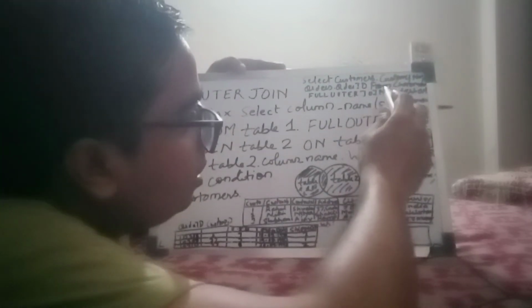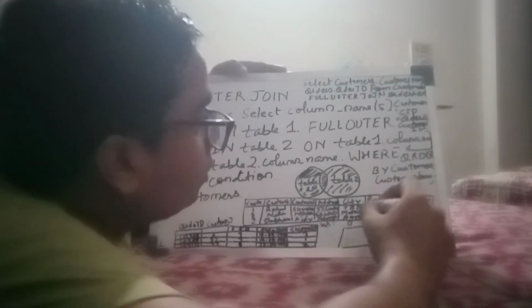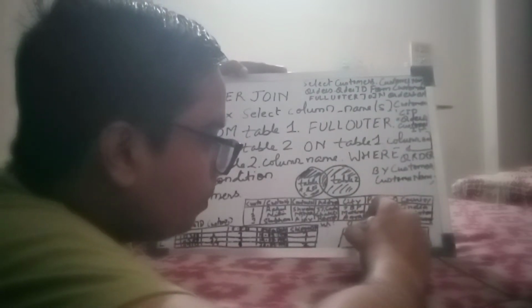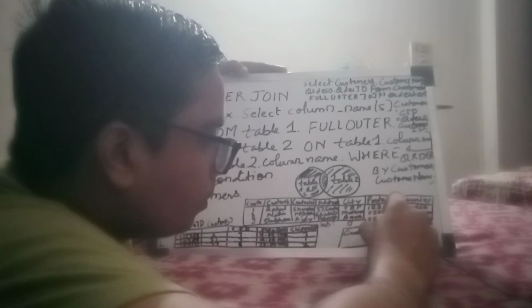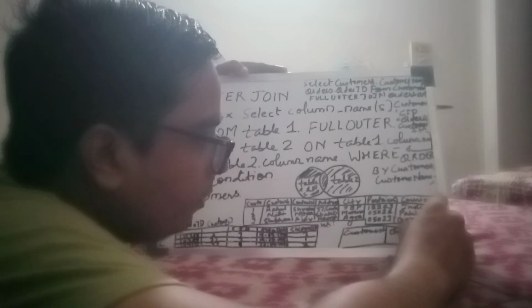Since we are displaying customers dot customer name and orders dot order ID, first the customer's name will come, and second the order ID will come.